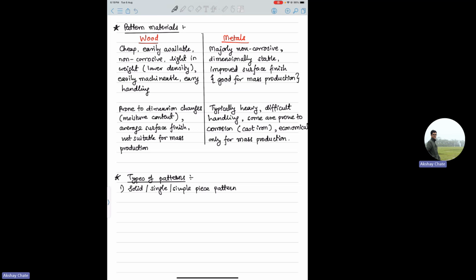And as the name suggests, you can guess these are the simplest ones. No big deal. For these kinds of patterns, at least one face of the pattern must be flat. That is the underlying assumption. So the face which is flat, you keep that down and you make the pattern. That is when you get the easiest ones.